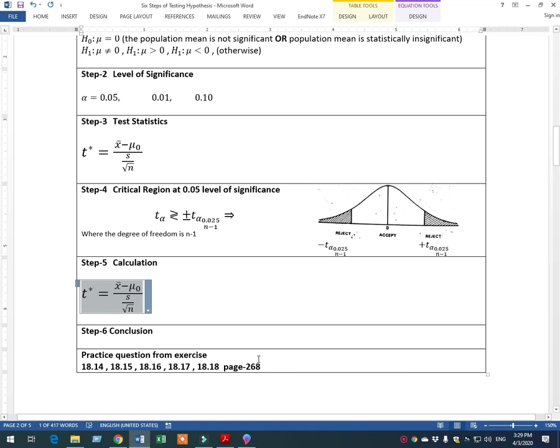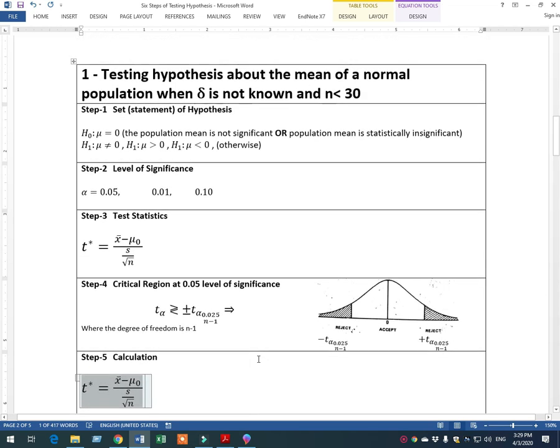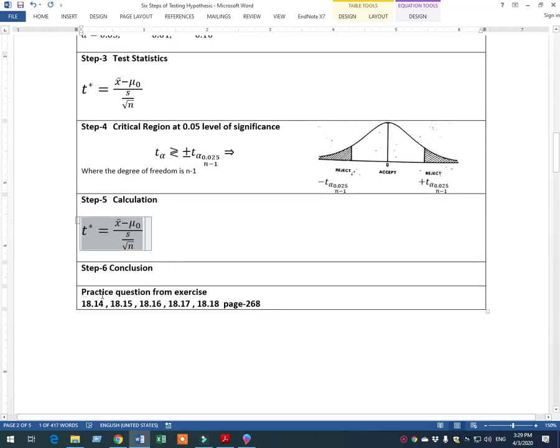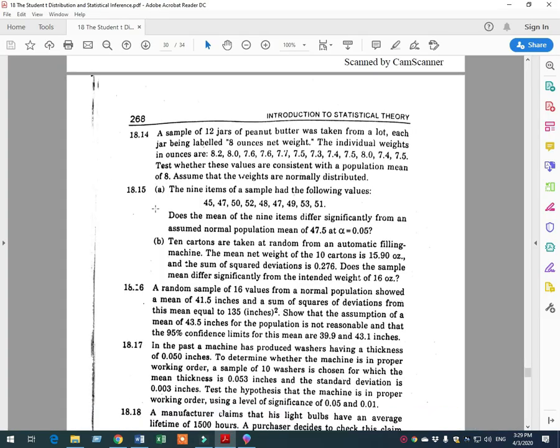So guys, this test is similar to what we have done in the Z distribution. You can do practice here as well, and for the practice questions I've mentioned page number 268. These are almost 5 questions, 18.14 to 18.18, as shown here.